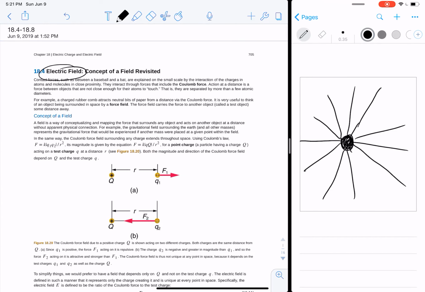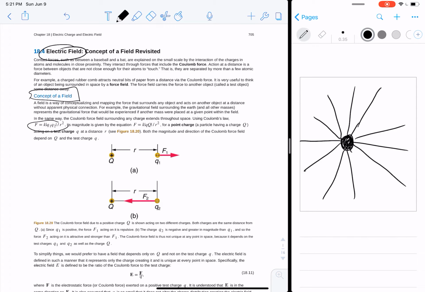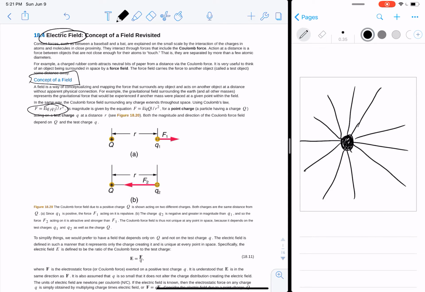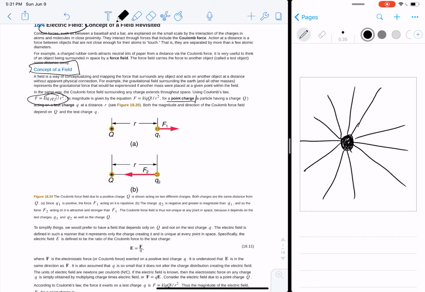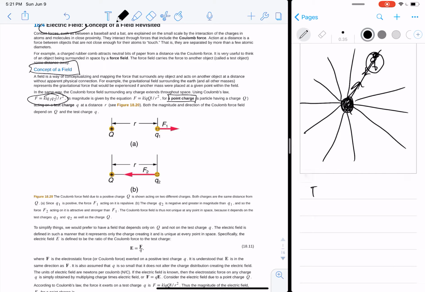is just to say, okay, well, we know that the force between two charges is Q1 Q2 over R squared. But if we just drop in a charge, like a test charge, over on the right-hand side of the screen here, we can calculate that the force between the two charges is going to be K Q1 Q2 over R squared.